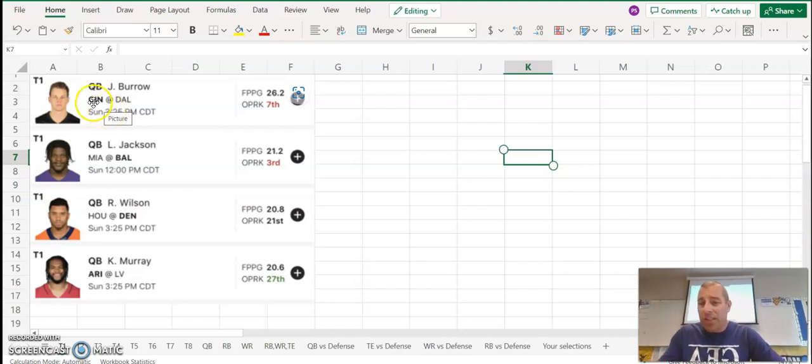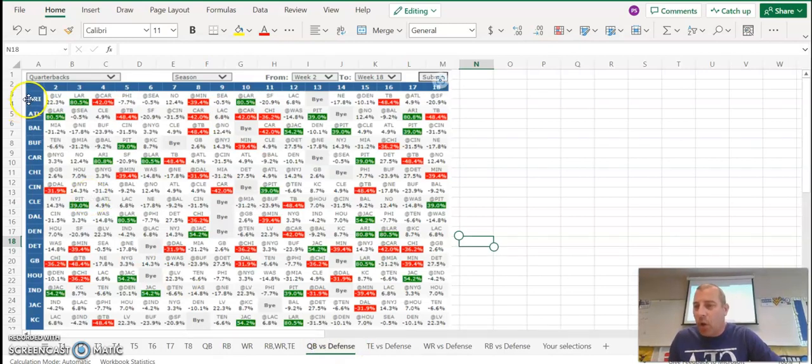All right. We just simply head on over to our QB versus defense. We go down to find CIN, and we see that they are playing at Dallas, and I see a negative 31.9%. What this means is that last week, because we've only had one data point, eventually this will get updated so we get an average of what's going on.